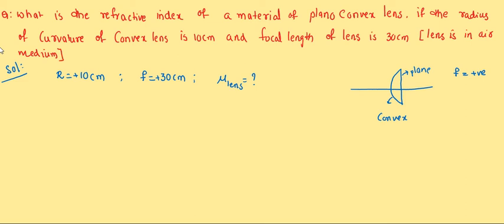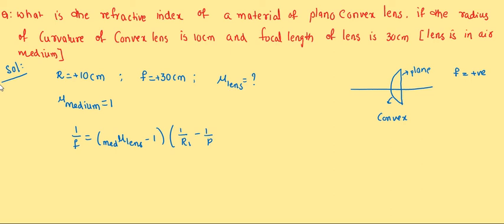Then let us start. We have to find the refractive index of the lens. The refractive index of the medium, we know that the medium is air, so we have to take it as 1. Then we have the formula for the focal length: 1 by f is equal to (refractive index of lens with respect to medium minus 1) into (1 by r1 minus 1 by r2).